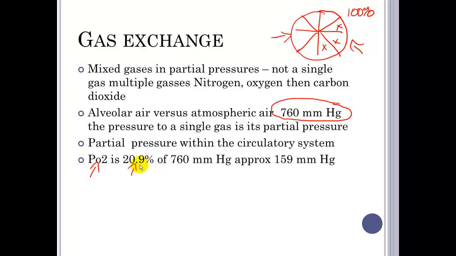If we fractionate this and multiply it by 760, 21% of 760, the answer we come up with is 159 millimeters of mercury. Now, what is this number? This number is, at sea level, the amount of gas pressure that oxygen has.